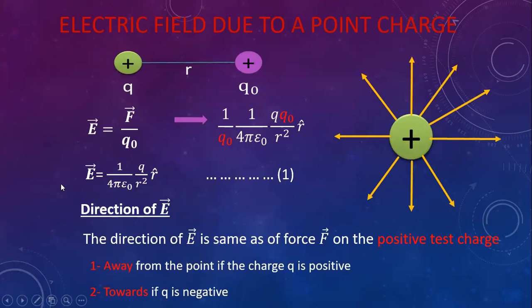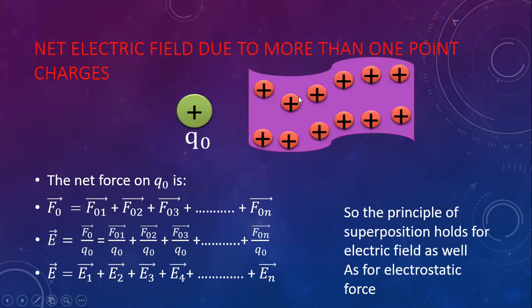Now we have found the electric field from this equation 1 for a point charge, and we can apply it for many charges. For example, we have this sheet where we have placed n positive charges.